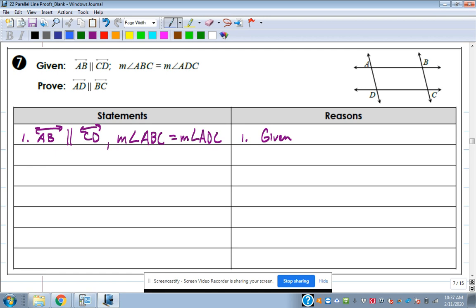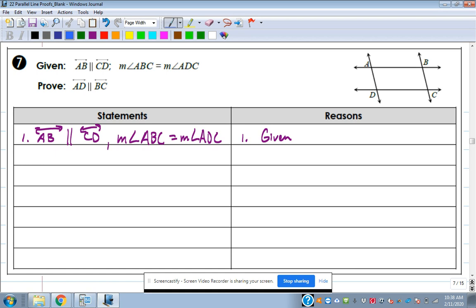Okay, so if we know line AB is parallel to CD, and then keep in mind the other given, we got ABC and ADC. ABC, how can I relate?